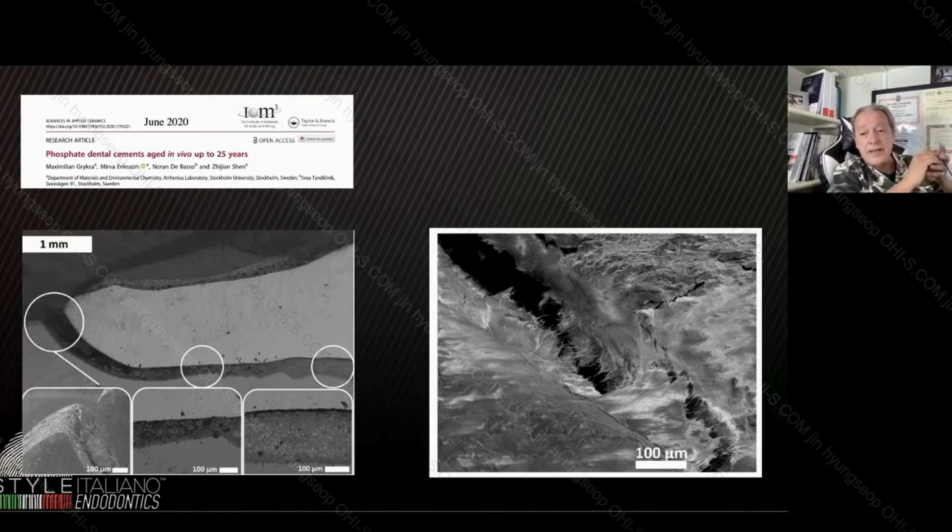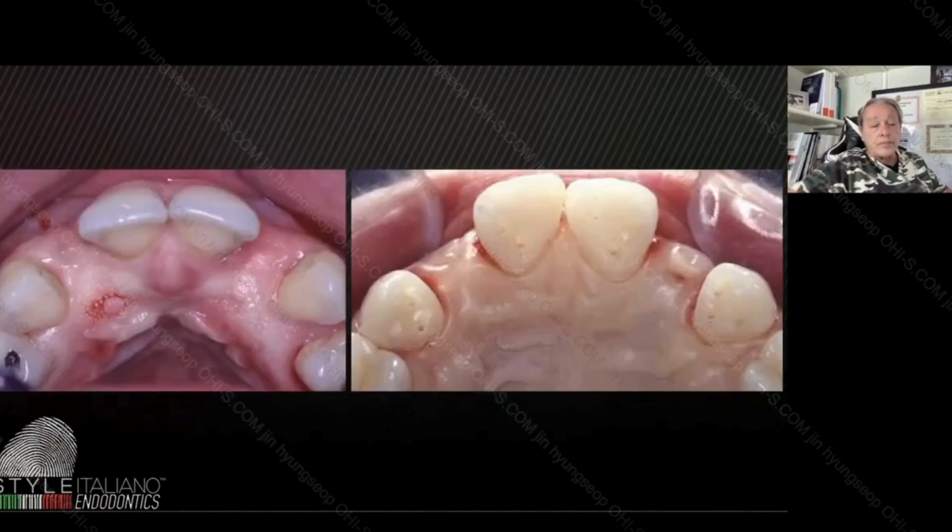The cement is dissolved over the years, and then biologic products will grow in this gap. Now, anything can happen. In most cases, the dissolution can go ahead, determining the failure of the restoration, or caries can develop on the root.